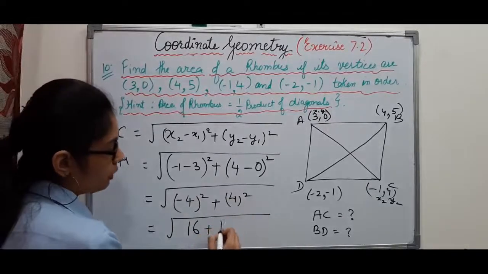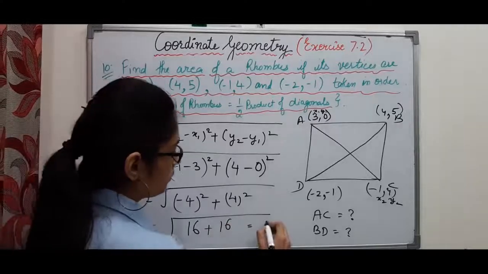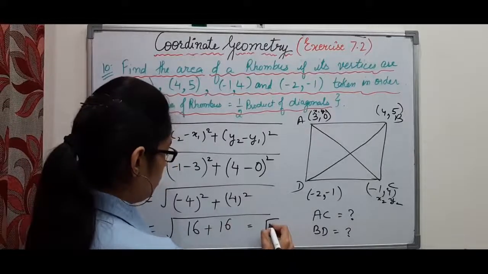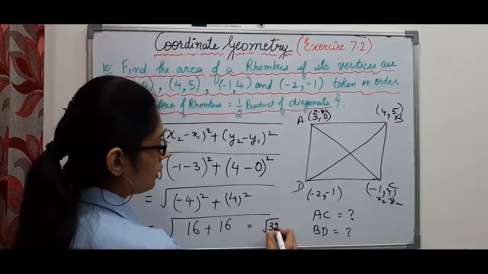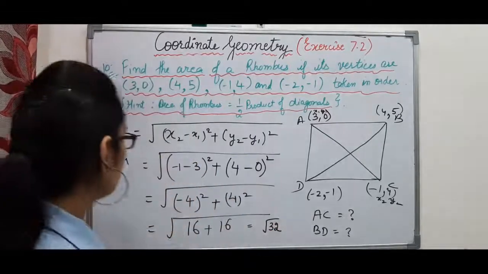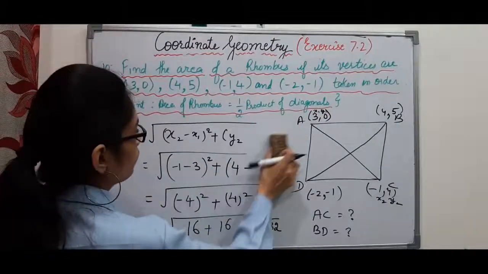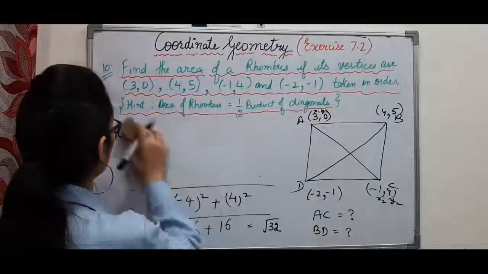So 4 into 4 again it is 16. So it will be root 16 plus 16, it is root 32. If you want you can solve it also, or we can keep it in this way as of now.